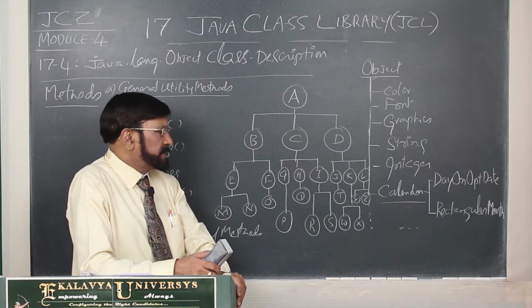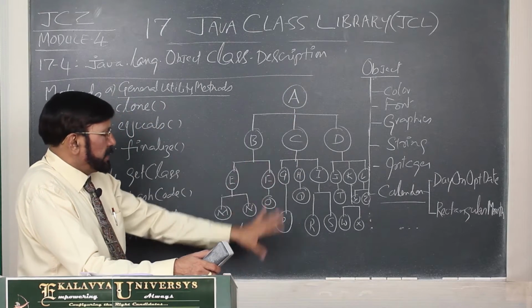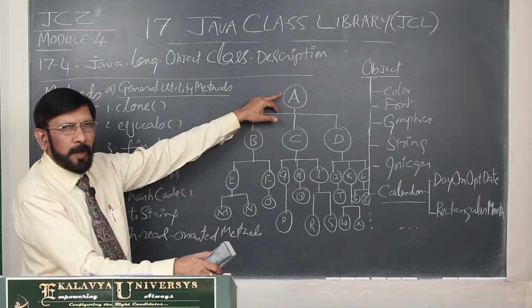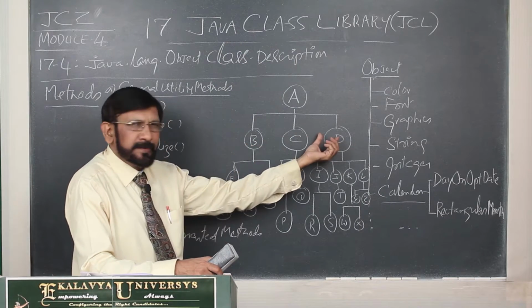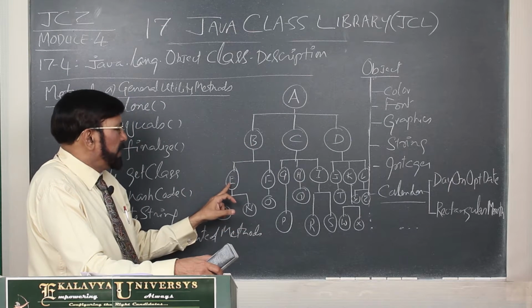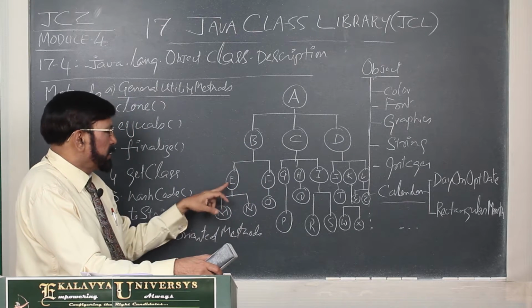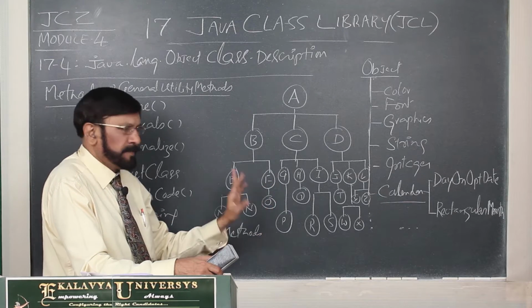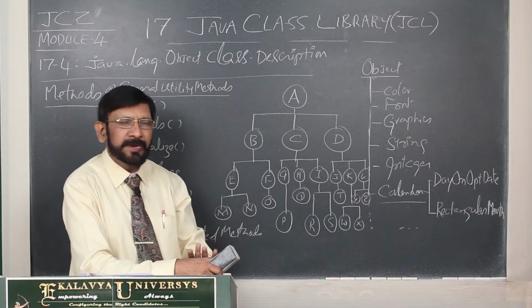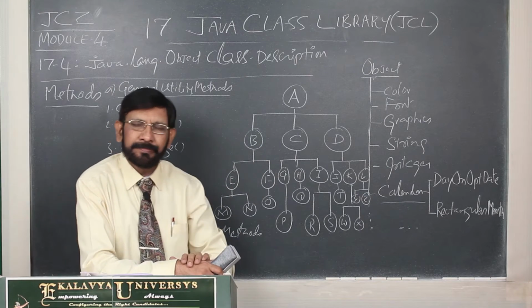Here, if you see one strategy, now it is a family hierarchy. A is at the top. A has B, C, D, 3 children, and B has E, F, 2 children, E has M, N, 2 children, F has O, P, like this. This is a family hierarchy.